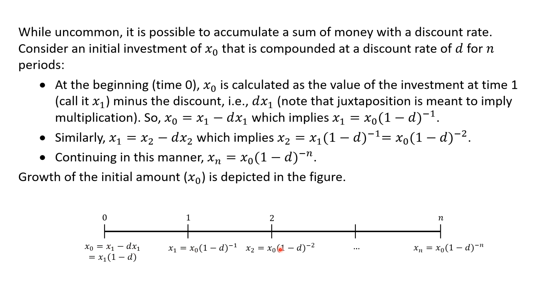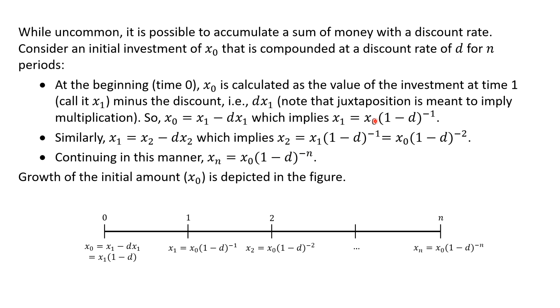And then you can do the same thing going from here to here, which I've written out. You let x1 be x2 minus some discount times x2. So in other words, this amount of money here, when contributed, gives you this much, slightly more at the end of the period. And you can solve this. You just factor out an x sub 2, and then multiply both sides by 1 minus d to the minus 1 power. And you get this here.